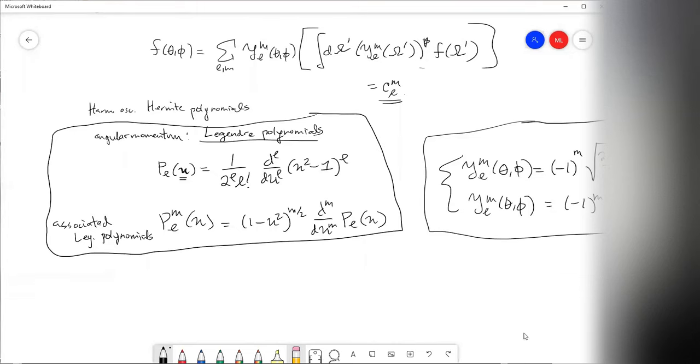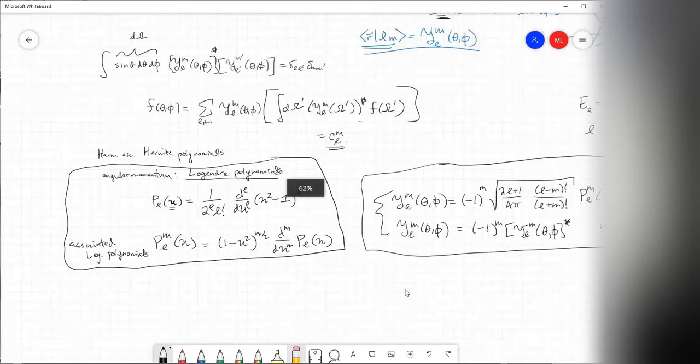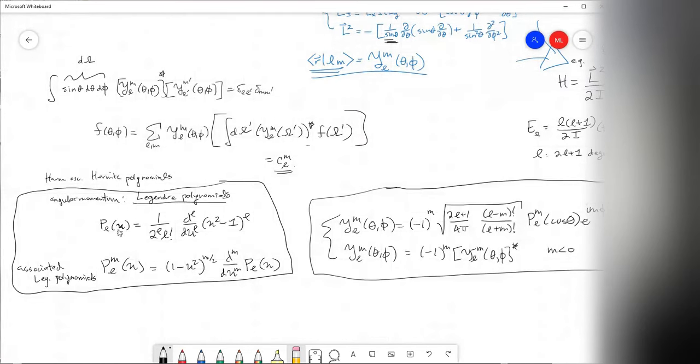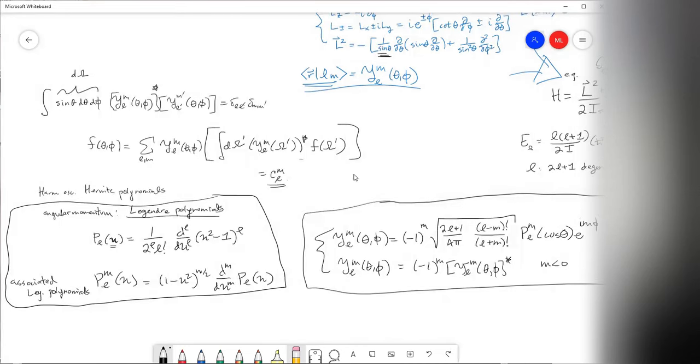Now it's a gross recipe, it's not particularly helpful, but this is just what it is. Again, I don't want to derive it because it's complicated, but I want you to remember how we did it for the Hermite polynomials for the harmonic oscillator. If you go back to those notes, we constructed those by using the raising and lowering operators on the ground state.